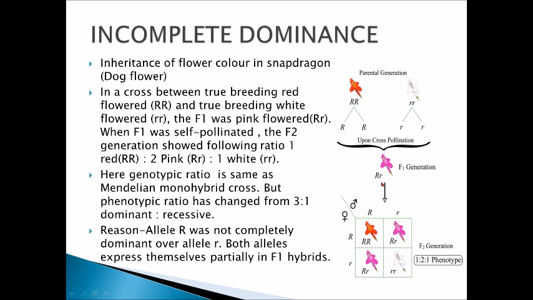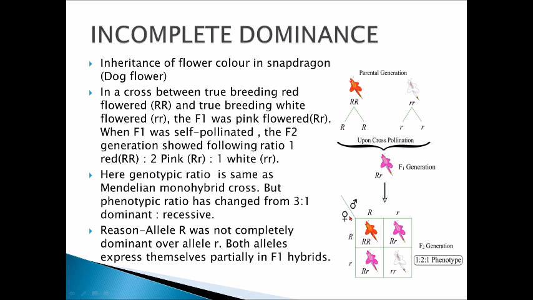Now, when these F1 generation plants were self-pollinated, we get the F2 generation. In the F2 generation, we get 3 different types of plants. The male plant will produce 2 types of pollen grains, that is, 50% pollen grains will have capital R and 50% pollen grains will have small r.